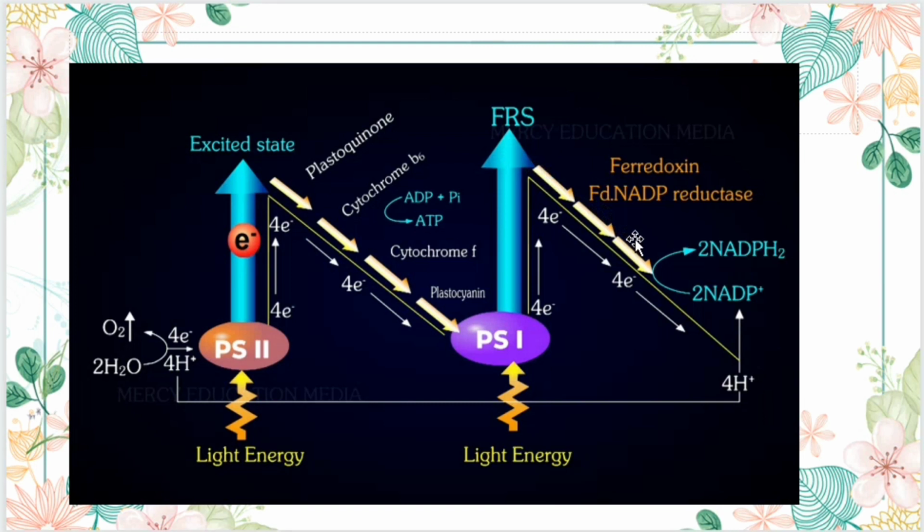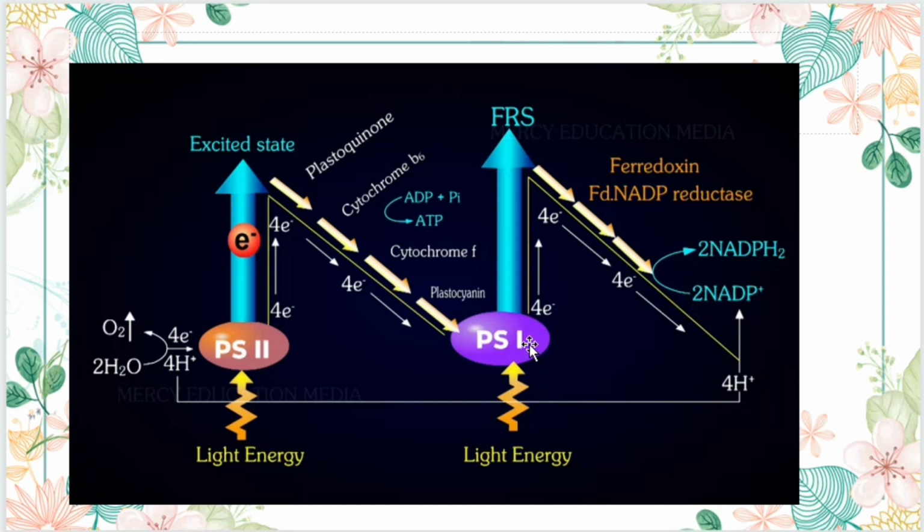The electron carrier involved is ferredoxin, FD, NADP reductase. Then this process carries electrons, and NADP is converted into NADPH2.